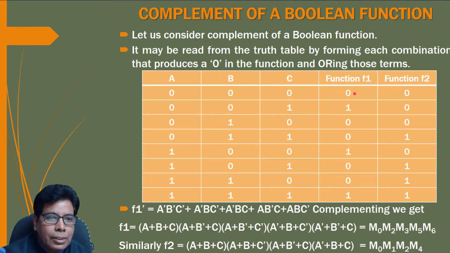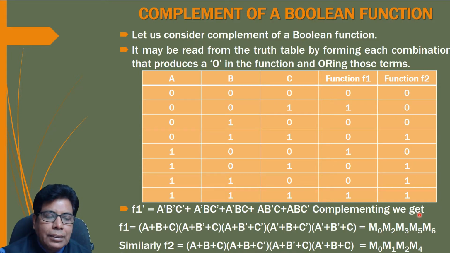So first we have taken a dash b dash c dash, then this is nothing but a dash b c dash, then this is again a plus b dash c dash, and then we have to take this one, 1 1 0 last, that is a b c dash. So all the zero terms we have to take now.